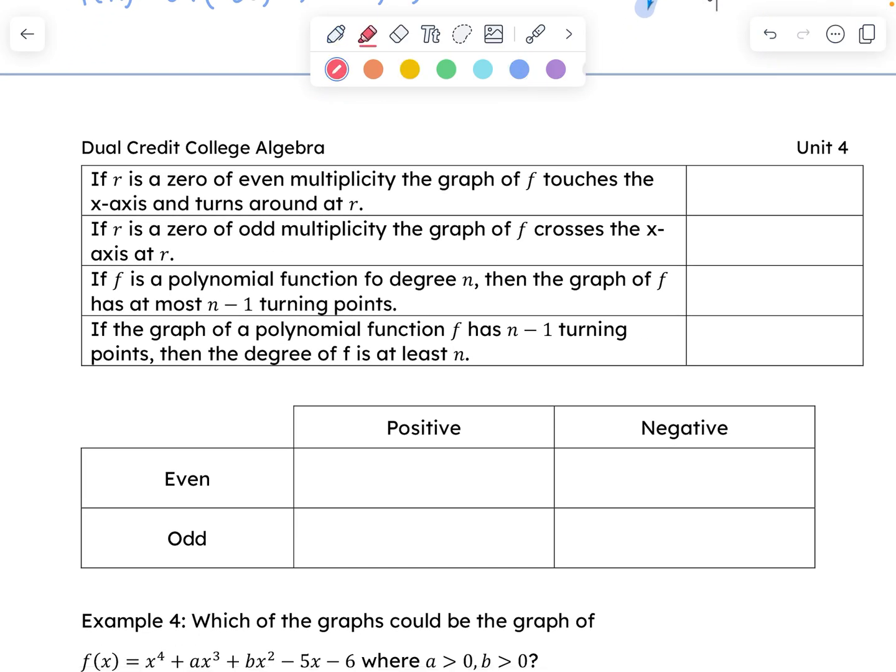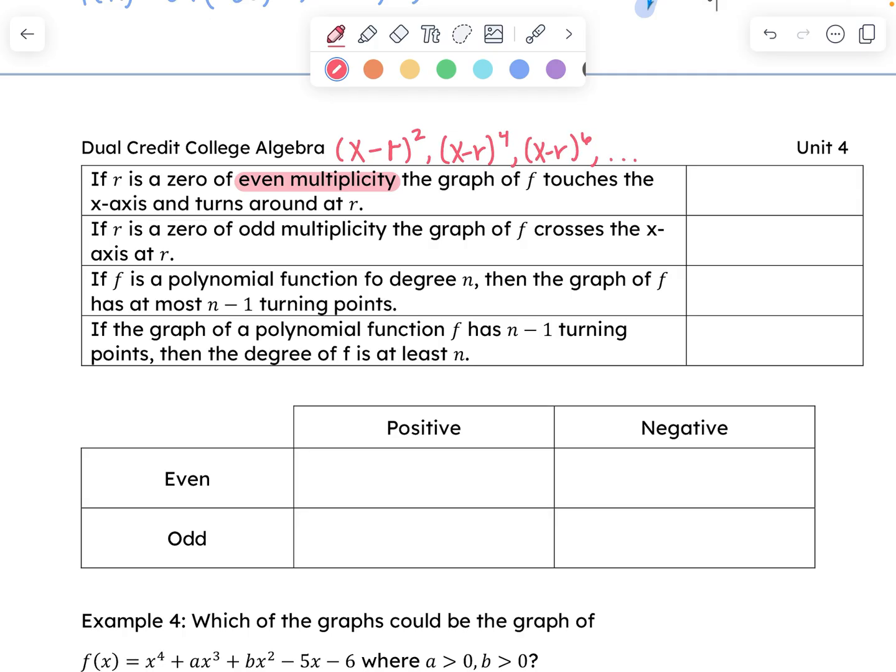It says if r is a zero of even multiplicity. What that would mean is that we have x minus a number, specifically x minus r, but it's raised to an even power, so squared, or (x minus r) to the fourth, or (x minus r) to the sixth.